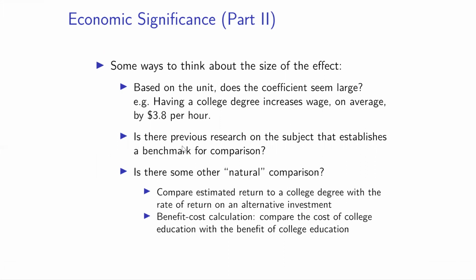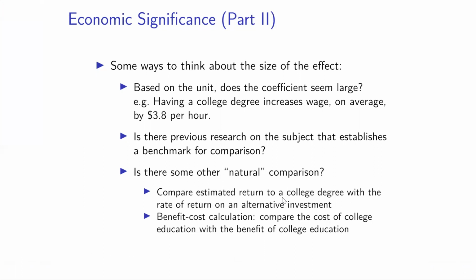There are other ways to gauge the size of the economic significance. You can benchmark this $3.8 per hour against the previous findings on the effect of college on wages in the literature to see if $3.8 is bigger or smaller than the previously found impact. You can also compute the opportunity cost of going to college.